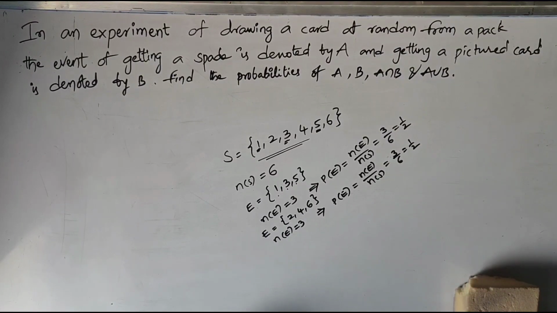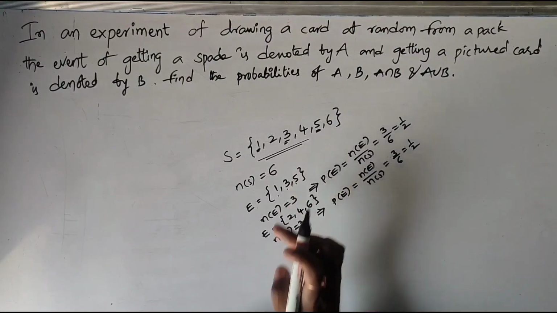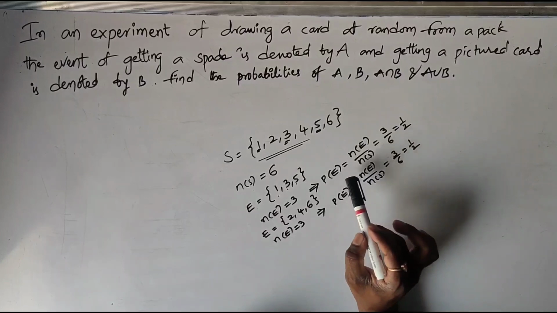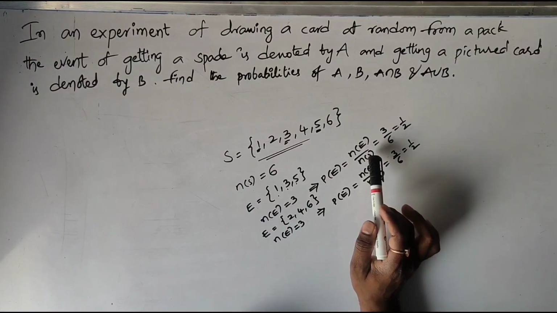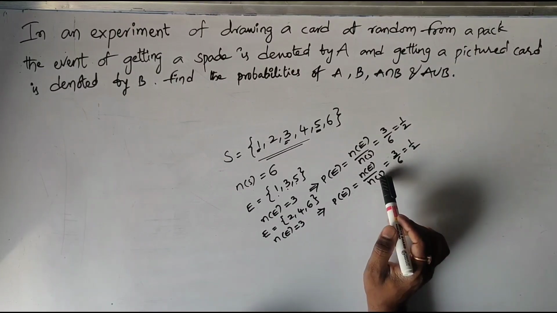So this is the example for getting an even number and an odd number on the face of a die. Finally, probability is favorable cases of that event by total cases.